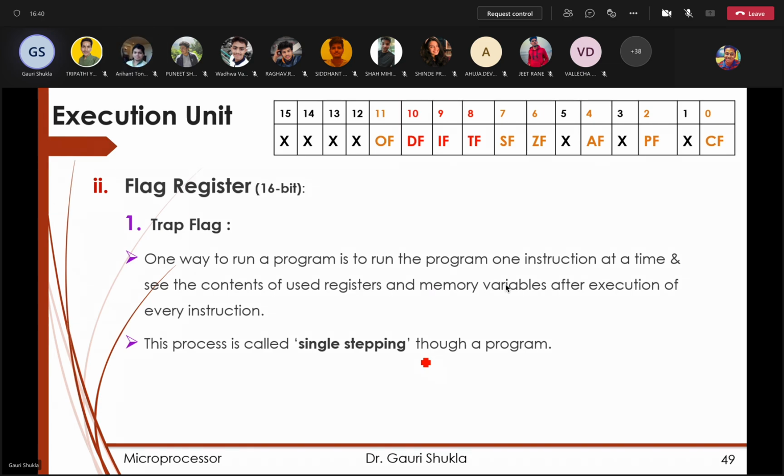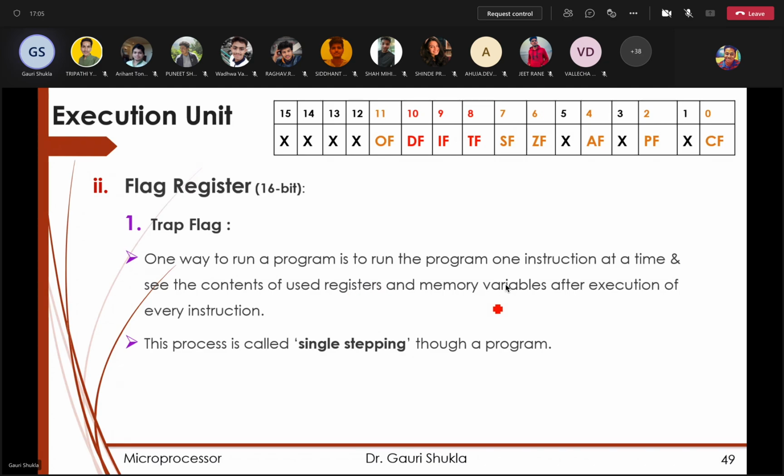So when I set my trap flag to 1, now this is a control flag in my flag register. If I set it to 1 as a programmer, then I know that I'm going to do single stepping because I would like to see the contents of the registers used in the program and memory.